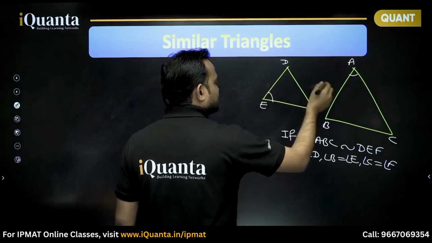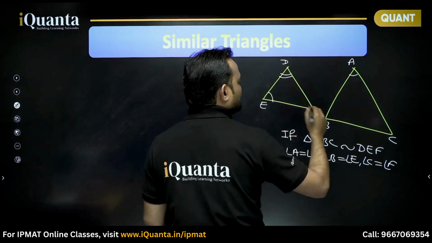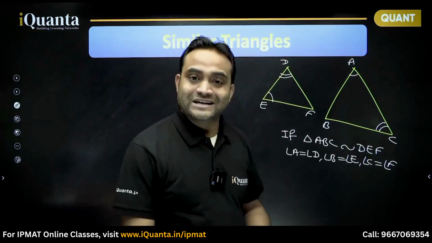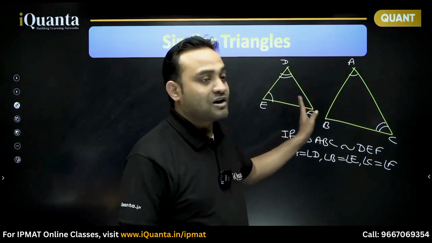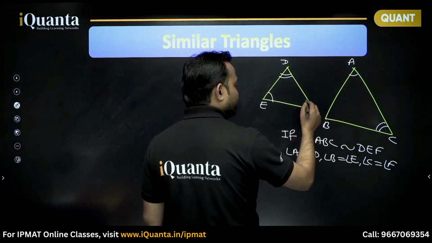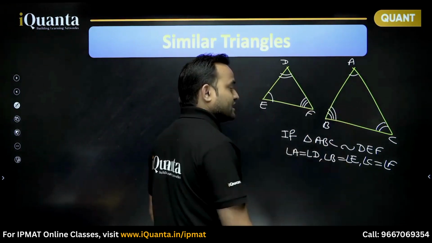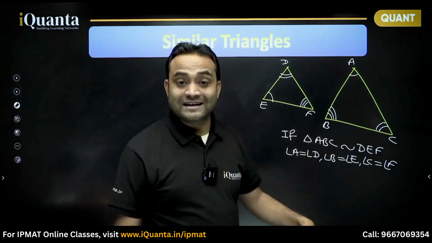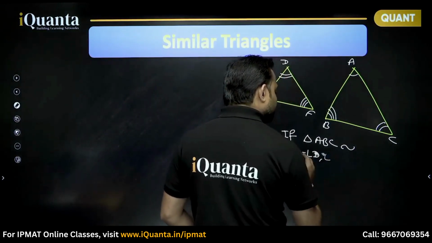Angle D is equal to angle C. The sum of all three interior angles of a triangle is equal to 180 degrees. So if two angles are of equal measurement, the third will automatically be equal. In that case, angle F will be equal to angle B. Triangle ABC is still similar to triangle DEF, but you should write it in corresponding ways.